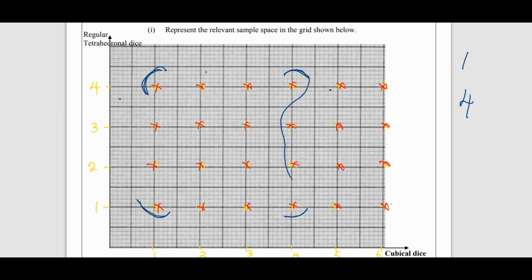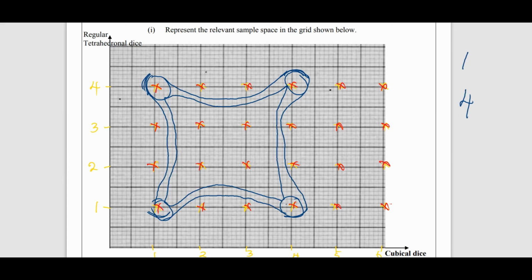The encircle part is the hardest one. Here we can encircle the necessary points. Then find the probability of those. Then we can see there are 4 points, and overall every point is 6 into 4, 24. Then the probability is 4 out of 24.